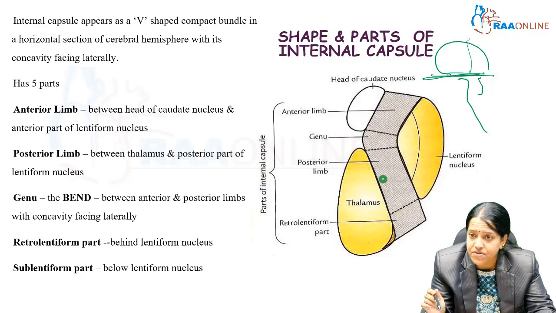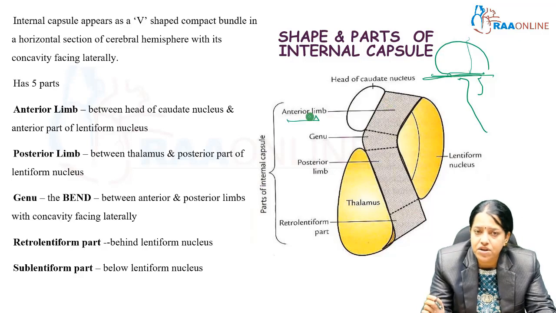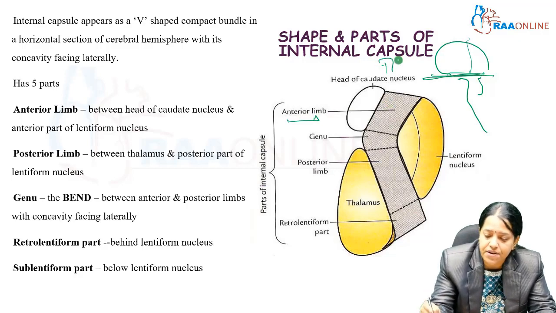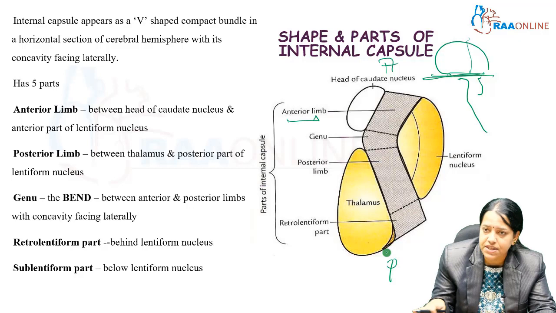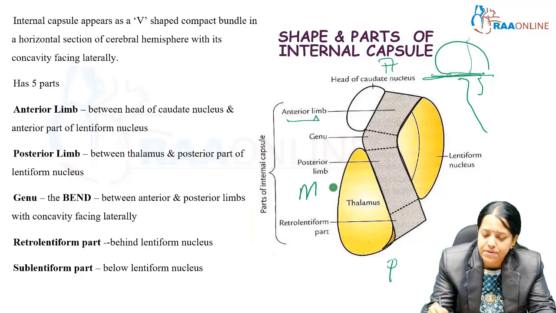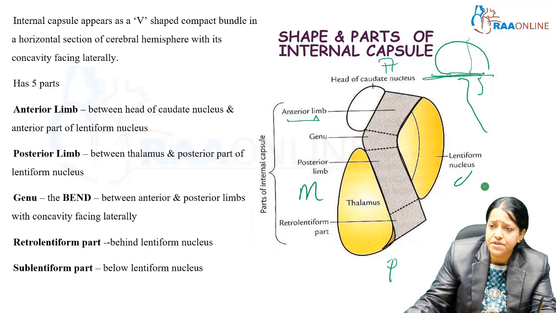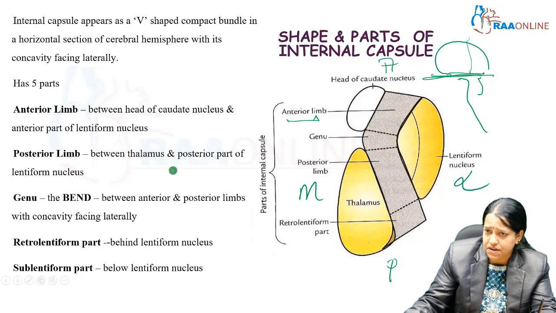It has 5 parts. Coming to the parts, you have the anterior limb of the internal capsule. If this is anterior, remember, this is posterior. When we are seeing the transverse section, always remember this is medial, this is lateral. And remember that we are not showing both sides.